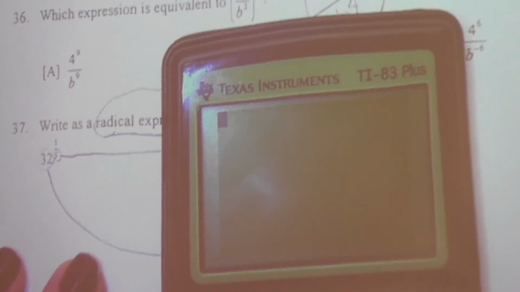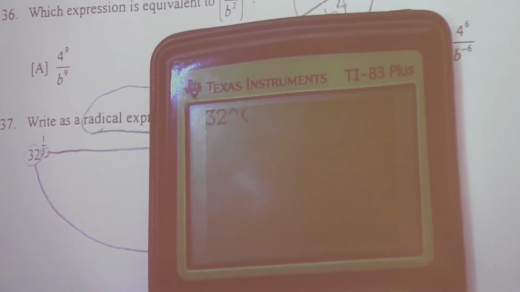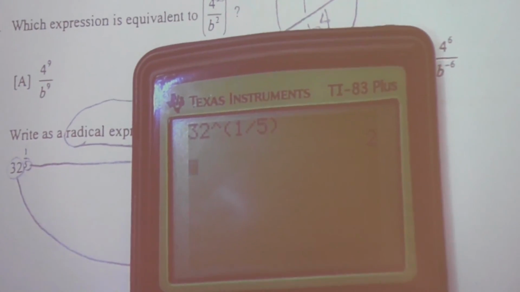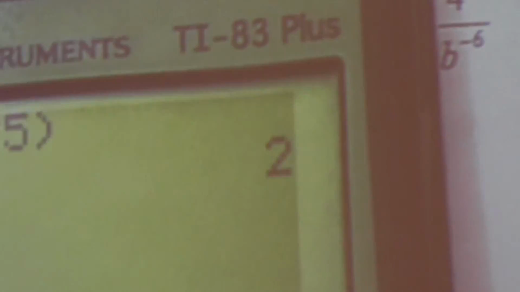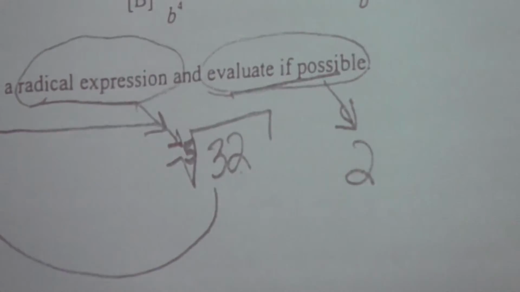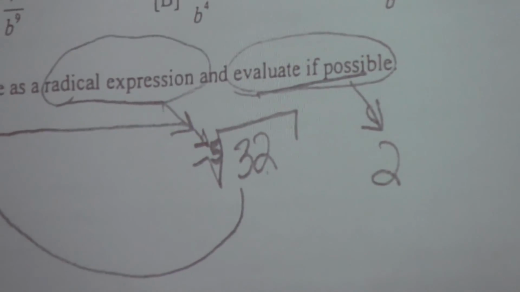And so I just need to put in 32, and then I remember my little fancy caret. And I'm going to put my 1/5 in parentheses so that it does the whole thing. And I hit enter, and I get 2. So part 1, write it as a radical expression. Part 2, it equals 2. Now you know. Questions?